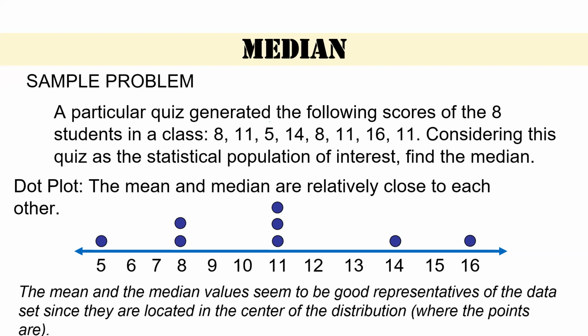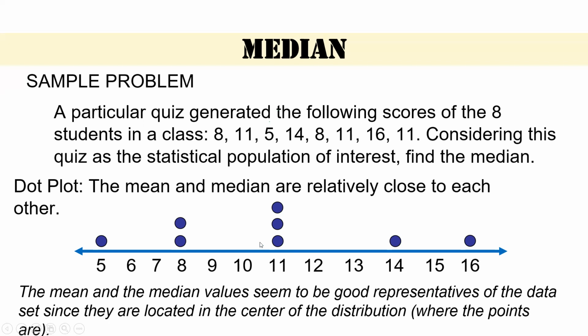Your mean earlier was 10.5, so 10.5 is somewhere here. And your median earlier was found out to be 11, right? So median is here. You could see that the mean and median, 10.5 and 11, seem to be good representatives of the data set, since they are located in the center of the distribution where the points are.